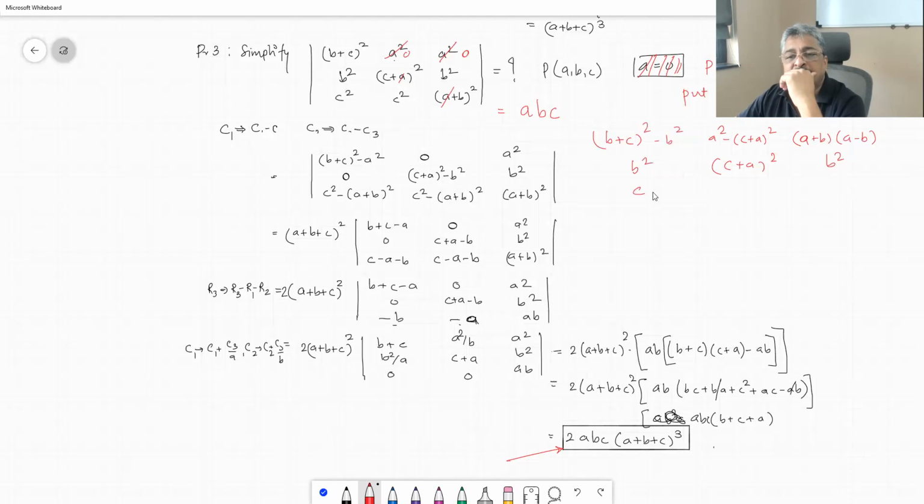And the third row I am making c square, (a plus b) bracket square. Now if I substitute a plus b is opposite of c, this becomes c square, this becomes opposite of c. Okay. Is it giving me some advantage?